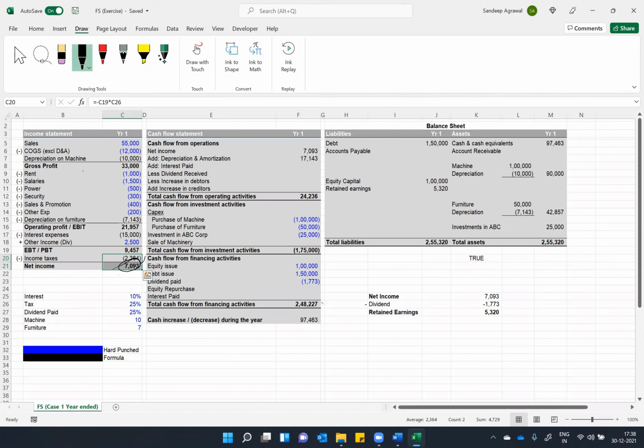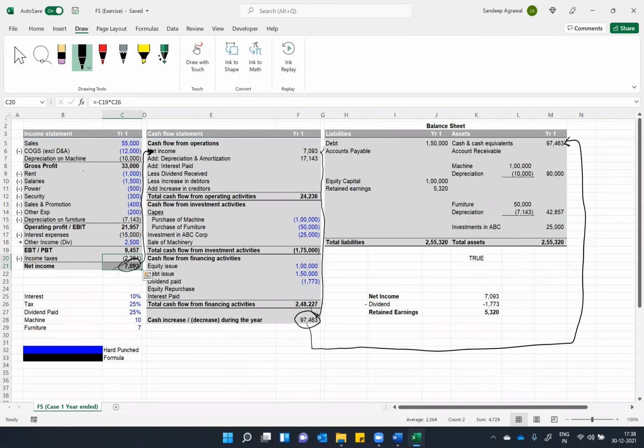So net income is linked to cash flow from operations, right? And through this, it is linked to change in cash flow, and this number is going here in cash and cash equivalents.